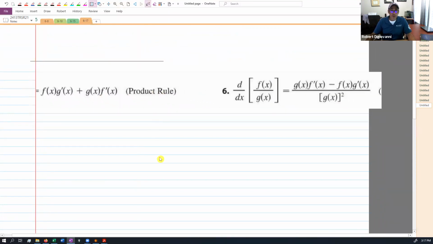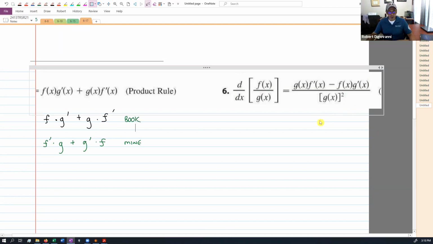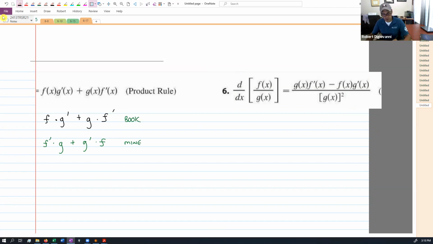Okay, so here's the book's version of the product and quotient. The book's version for the product rule is f times g prime plus g times f prime. My version is f prime times g plus g prime times f. That's mine. This is the book's. Now let's look at the book's version of the quotient rule.